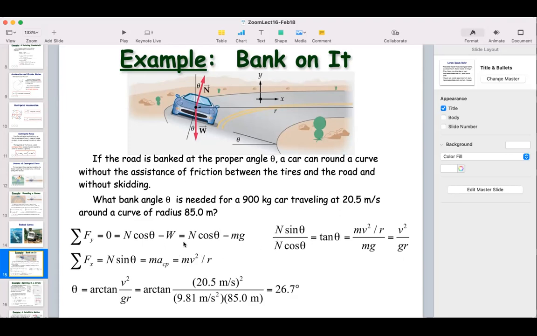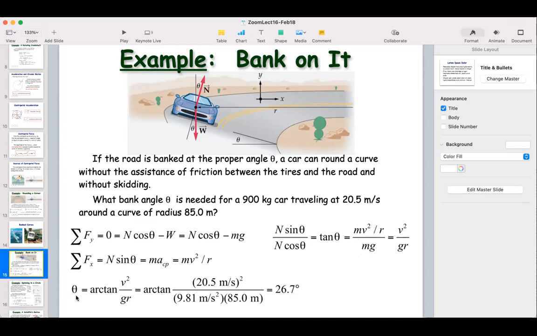If I do the ratio of n sin theta divided by n cos theta, this is equal to tangent of theta, which is equal to, on one side, m v squared divided by r, while on the other side, I have only mg. So the mass goes away, and I find that tangent of theta is equal to v squared divided by g r.